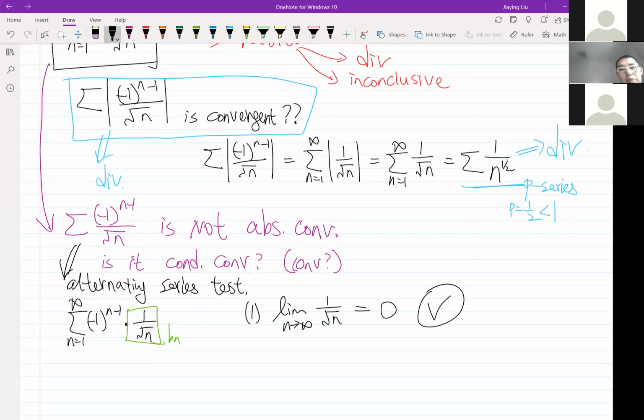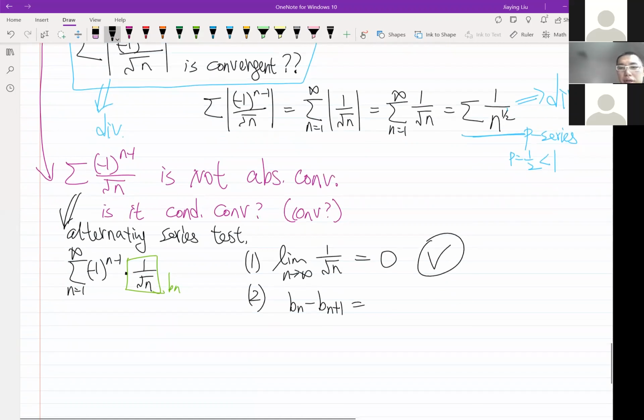Because we want the limit as n goes to infinity of Bn to be 0. That's the first condition. The second condition is that we need to know if it's decreasing. So we need to find Bn minus Bn plus 1, or the other way around. It's up to you which one goes first, as long as you know what the results tell you.